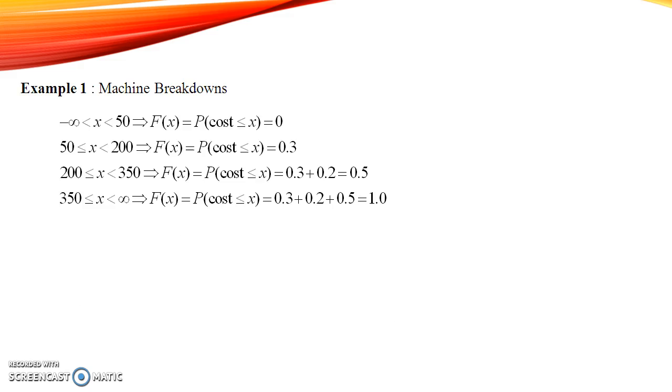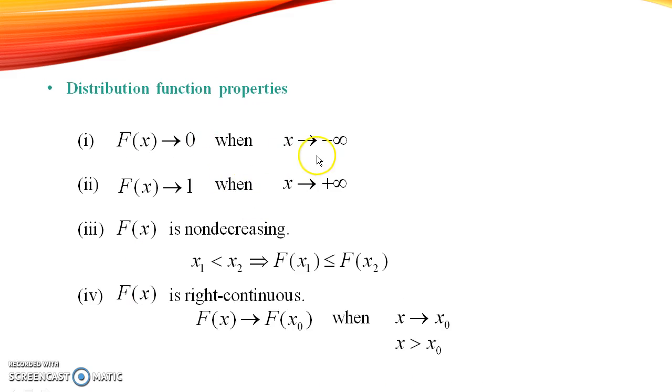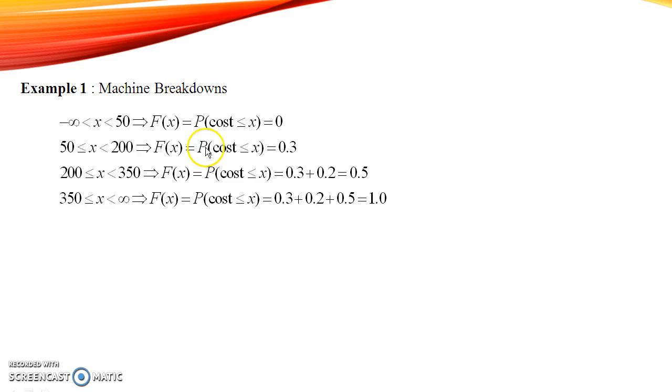Then an example: in the above example we are taking the machine breakdown. Suppose we have to find the probability mass or cumulative distribution function of x in between minus infinity and 50. We know the first property: for x tending to minus infinity, the distribution function is 0. When minus infinity is less than x less than 50, the cumulative distribution function is 0.